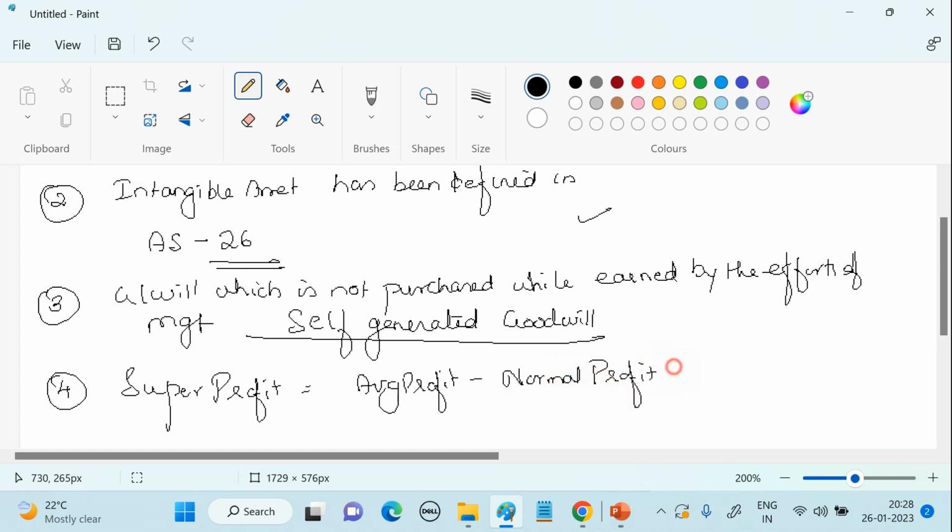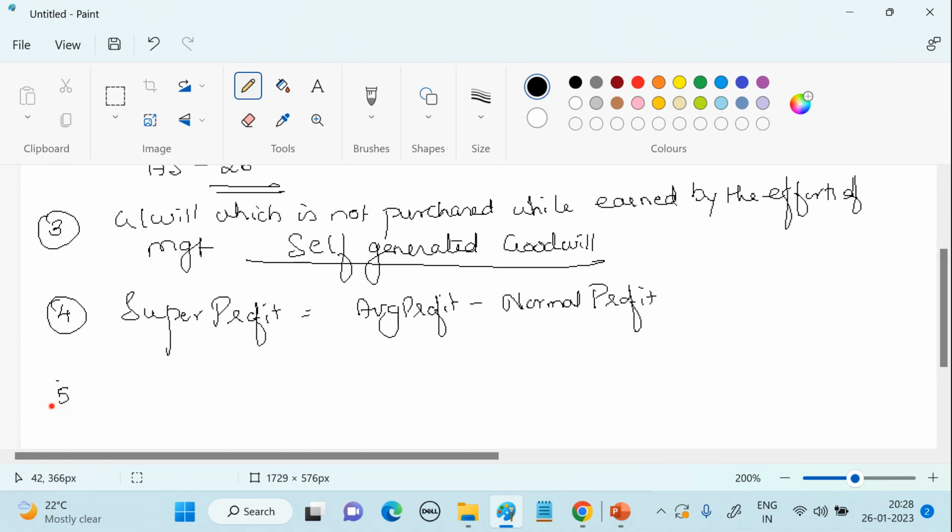And one more before we stop. Tell me the formula for goodwill under capitalization of super profit method. We just did that. So how do you calculate goodwill by capitalization of super profit method?